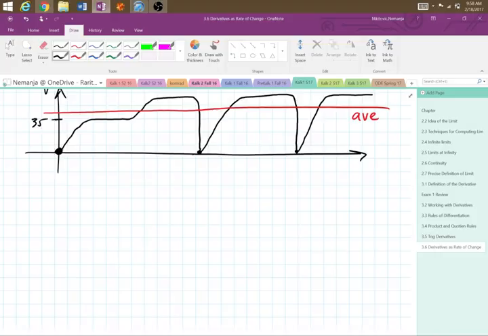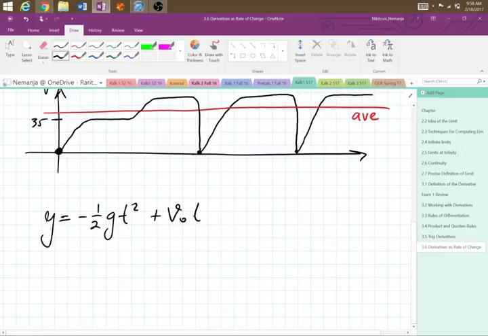So in physics, you learn the formula that says that the height is negative 1/2 gt squared plus v0t plus y0. It's actually derived through differential equations in mathematics, and you will see this derived in Calc 2 and then again in differential equations. This formula has all of the features of this particular path.